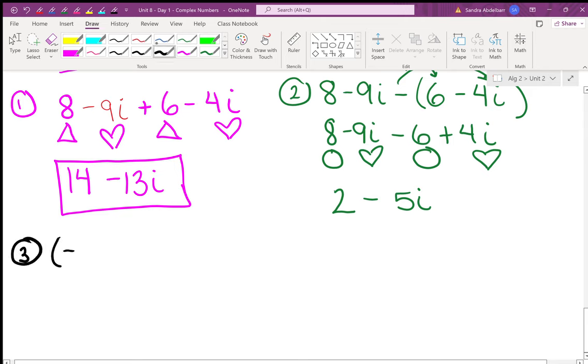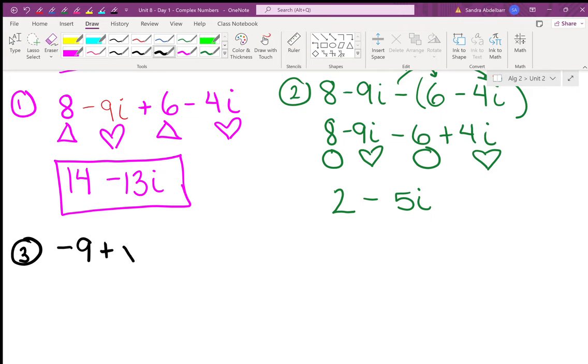Let's say I have negative 9 plus the root of negative 2 plus 6 minus the root of negative 18. Oh, sorry, negative 18.